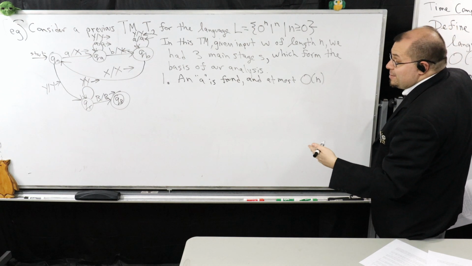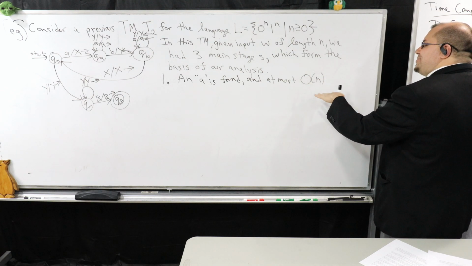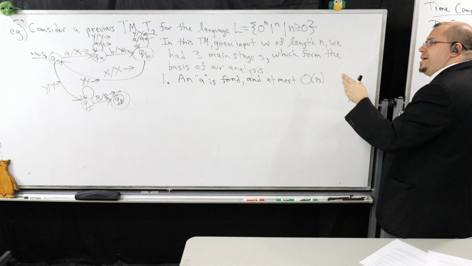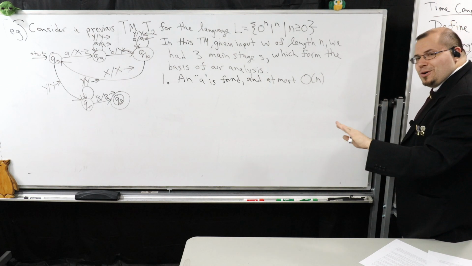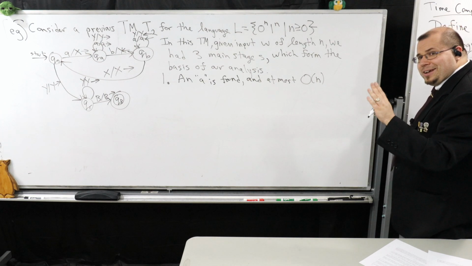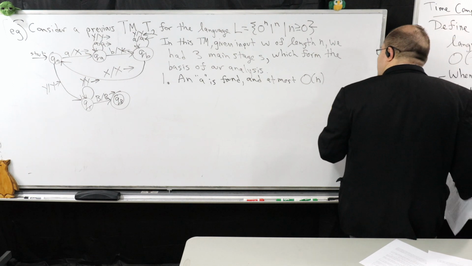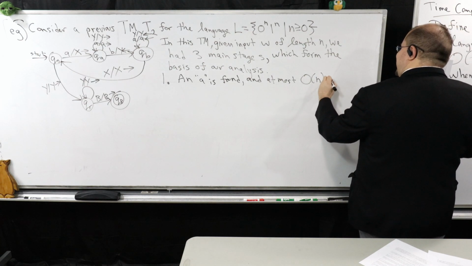It may have a number of moves that are quite similar. This makes it a little easier so I don't have to worry about, oh, it's going halfway across the tape, so I better put n/2 or something like that. This is why I'm using it in this way, and that's how I defined the big O notation, so I could get rid of those little details. But just be careful when you're doing this. Make sure you don't remove too many details.